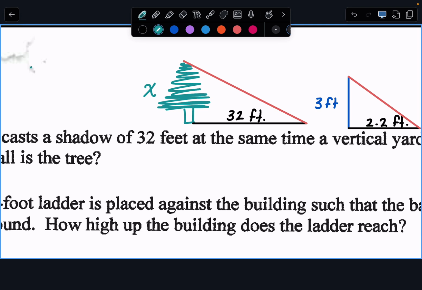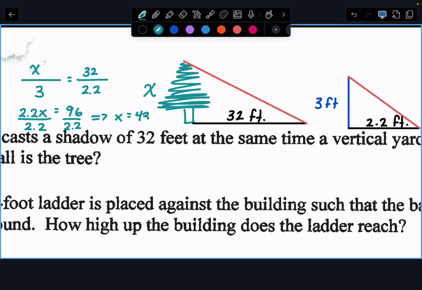You have x over 3 equals 32 over 2.2, and then you cross multiply. So that's 2.2x equals 96. You divide by 2.2 and you get 43.6 feet. That's how tall your tree would be.